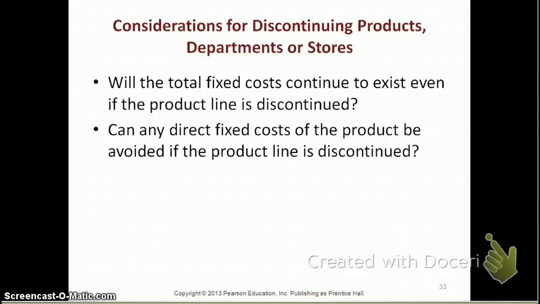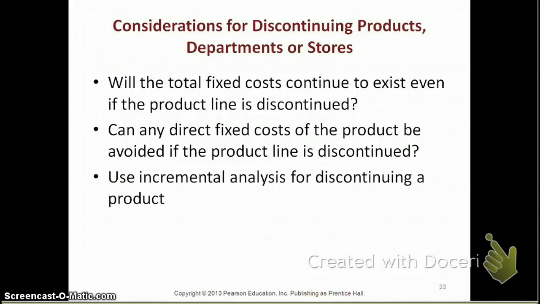The next question they'll ask is, are there any direct fixed costs that can be traced to the product that will be avoided if the product line is discontinued? For example, when Caltex discontinued their North American segment, they could get rid of all their leases on their gas stations because those are direct fixed costs that can be avoided.